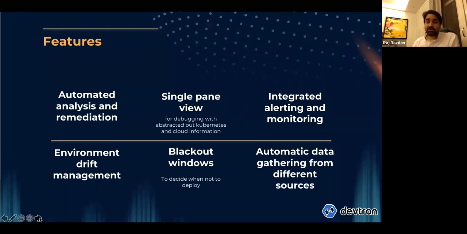What are the third-party systems that you're using? Drift management, environment drift management, as you move between staging, production, QA, etc. Are there any blackout windows you should watch out for, where it's not feasible to deploy? And how do you get automatic data gathering from the various sources available to you?